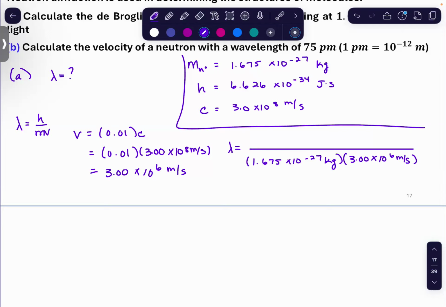And then my Planck's constant, in joules times seconds. So lambda is going to end up being 1.32 times 10 to the negative 13th meters, or you could also say 13.2 picometers.